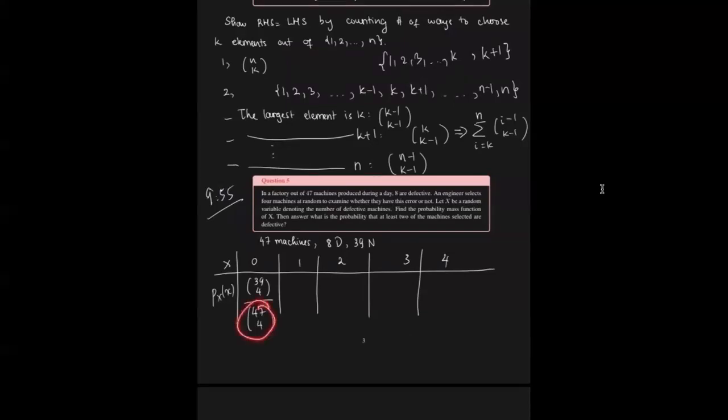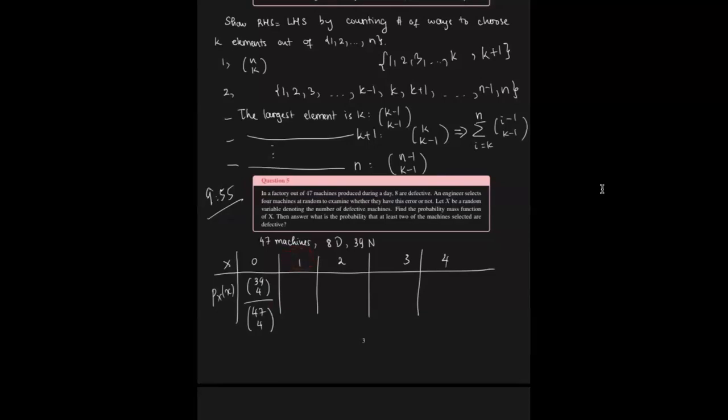So the denominator represents the number of ways you can choose 4 machines without any restriction, and the numerator represents the number of ways you can choose 4 machines such that all of them are non-defective.